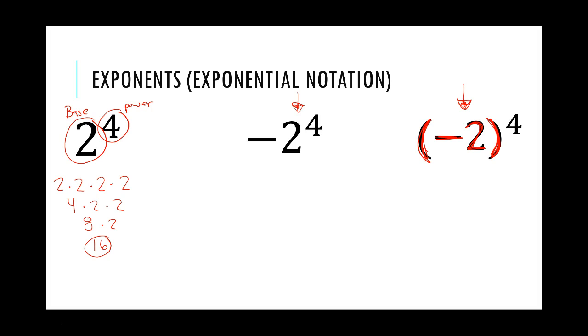So when I look at this, negative 2 is still my big number, and because it's in parentheses, I want to take this whole thing 4 times. So that would be negative 2 times negative 2 times negative 2 times negative 2. When you evaluate that, you end up with a positive 16.